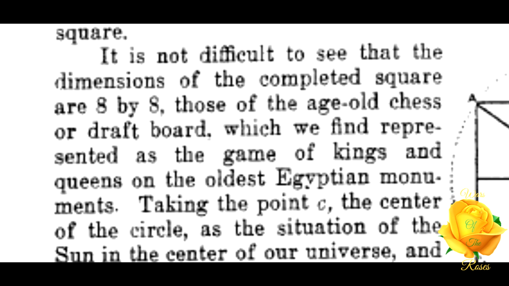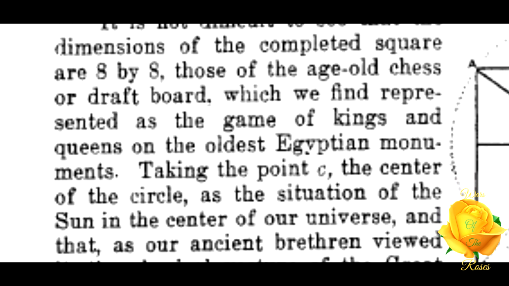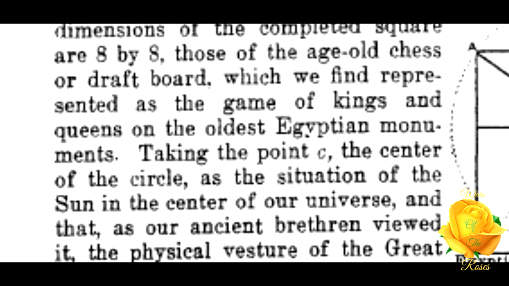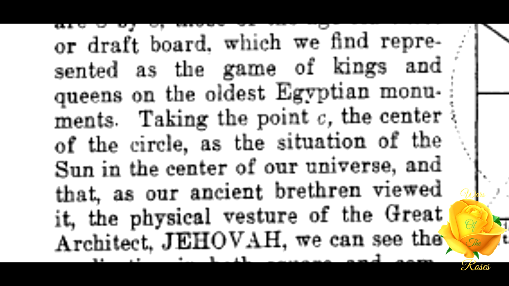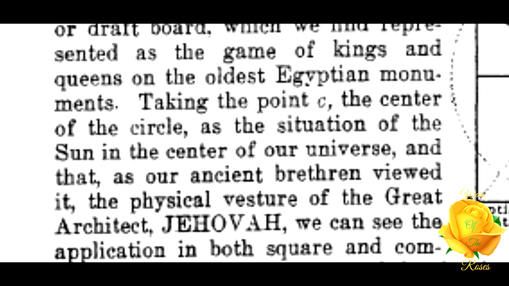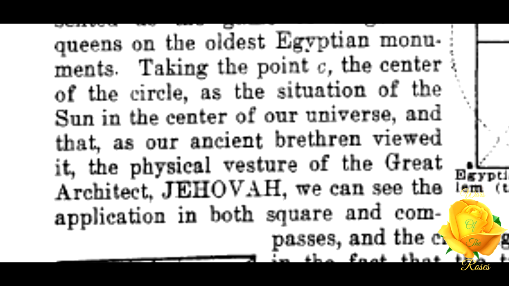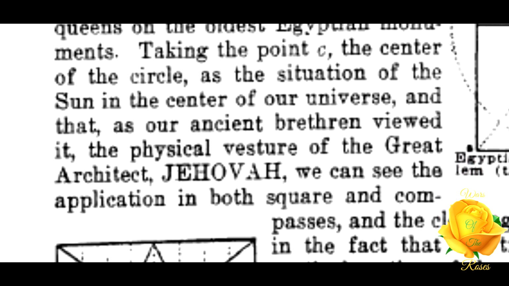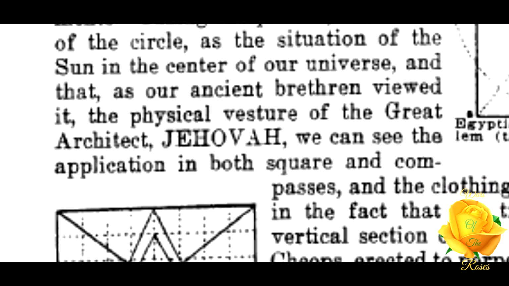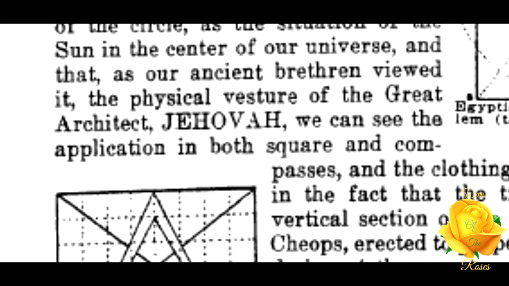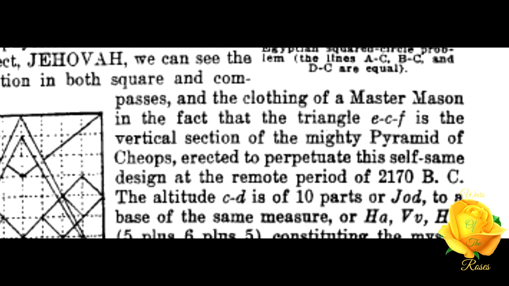It is not difficult to see that the dimensions of the completed square are 8x8, those of the age-old chess or draft board, which we find represented as the game of kings and queens on the oldest Egyptian monuments. Taking the point C, the center of the circle, as the situation of the sun in the center of our universe, and that, as our brethren viewed it, the physical vesture of the great architect, Jehovah, we can see the application in both square and compass, and the clothing of a Master Mason.